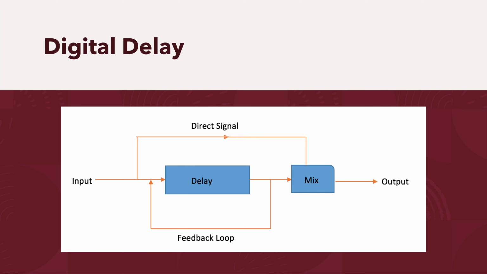So it's an echo. Now, we can increase the number of echoes by feeding the output of the delay back into itself. That's called feedback. All right, so that is the digital delay. In order for this to make sense, let's hear it in action.